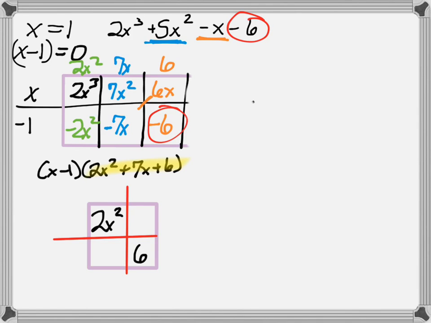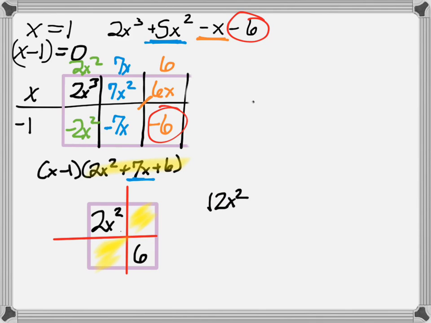These middle 2 spots have to combine to give us that positive 7, just like the diagonals had to combine to give us each of the spots. But we know something else about them. They're going to multiply to give us 12x squared.